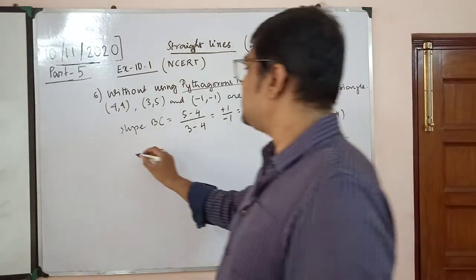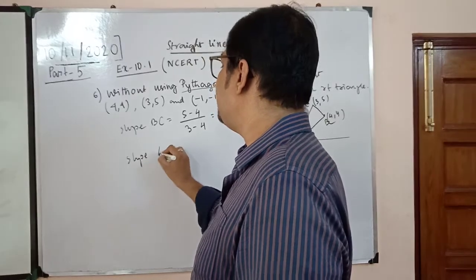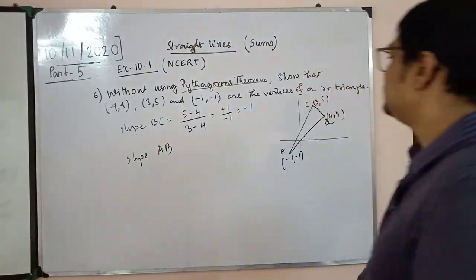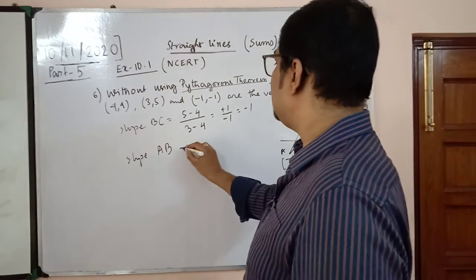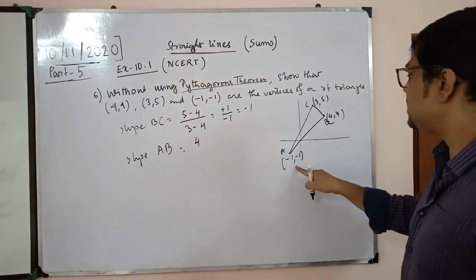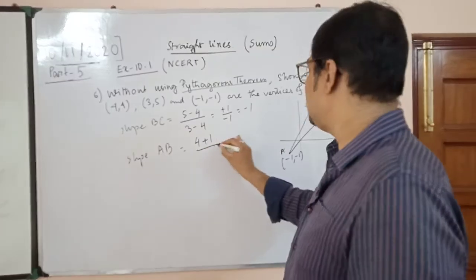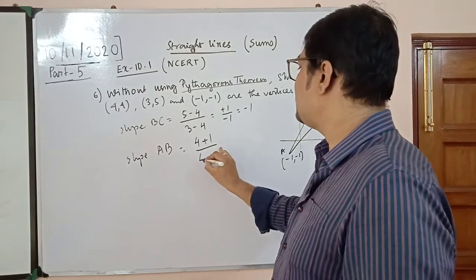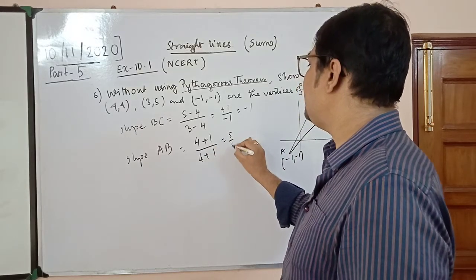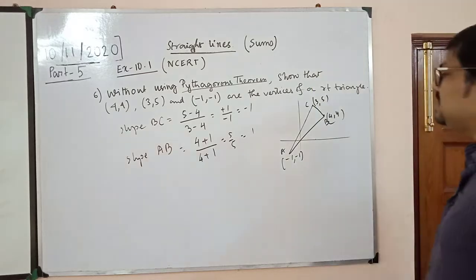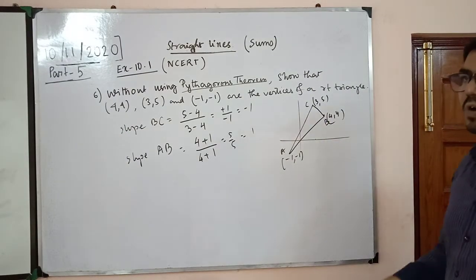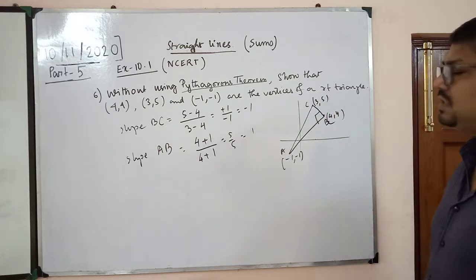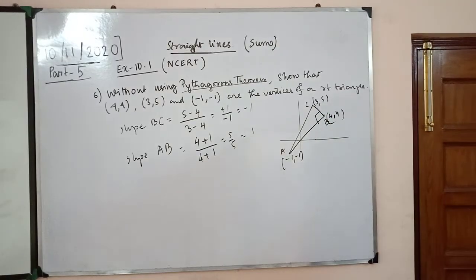Now I will get the slope of AB. I don't know which angle is the right angle here, I have simply drawn the figure. So if I do this, I get 4 minus of minus 1, that will be plus 1. Again 4 plus 1, so I get 5 by 5, which is 1. So obviously the slope of this line is 1, and the slope of this line is minus 1. The product is minus 1, so this will be 90 degrees. So it is a right triangle.